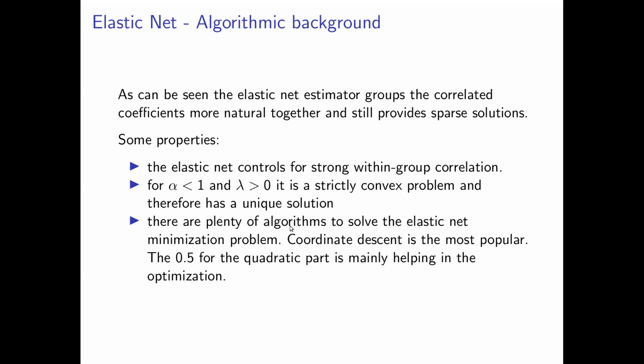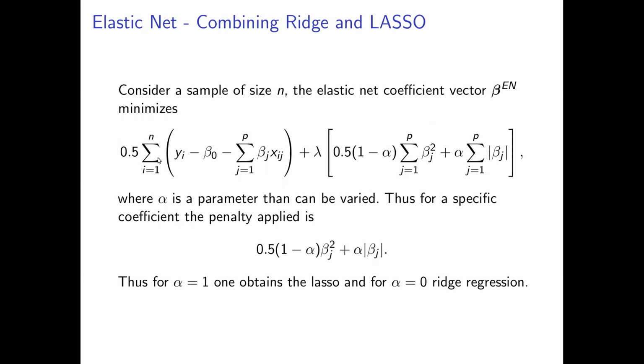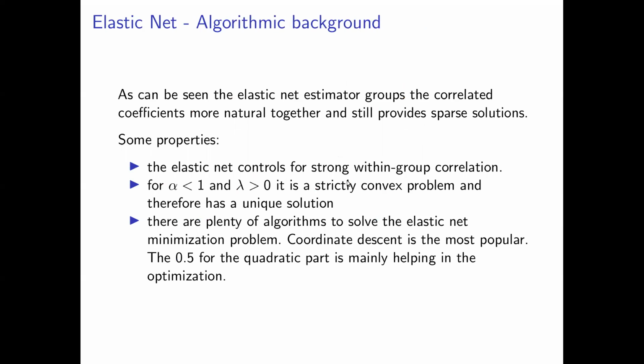So there are plenty of algorithms out there which will solve the elastic net minimization problem. Coordinate descent is the most popular one. There are others as well, and this 0.5 part is basically for the quadratic part, and it's helping us with the optimization.